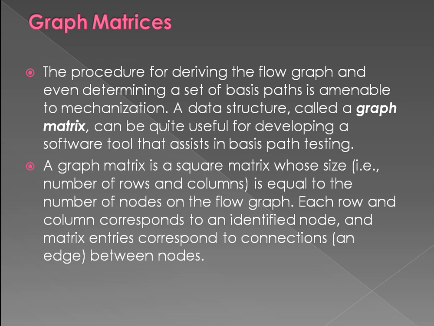A graph matrix is a procedure for deriving the flow graph. We all know a flow graph contains edges, nodes, regions, and some predicate nodes. All those things appear in the flow graph.